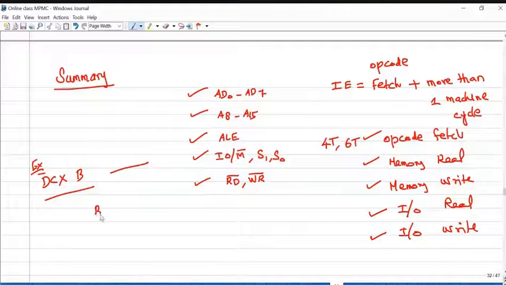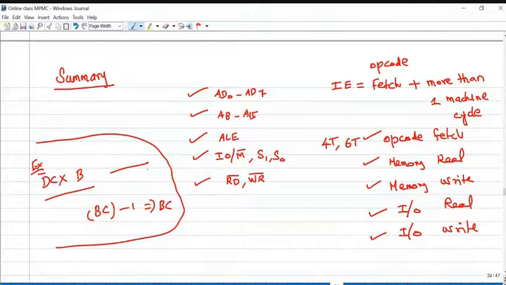DCX B means the BC register content minus 1, and the result is stored in the BC register pair. So this is also a 1 byte instruction, but a 16-bit related operation, so the processor needs a minimum of 6 T states to fetch the opcode and complete this function.